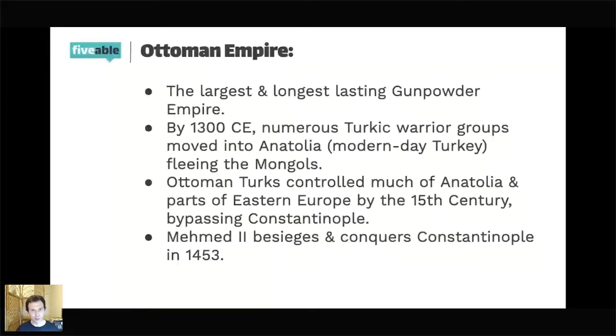But this is not going to last forever. They're really encircling Constantinople to ensure its fall. And this is where the great Ottoman Empire leader Mehmed II besieges and conquers Constantinople in 1453.